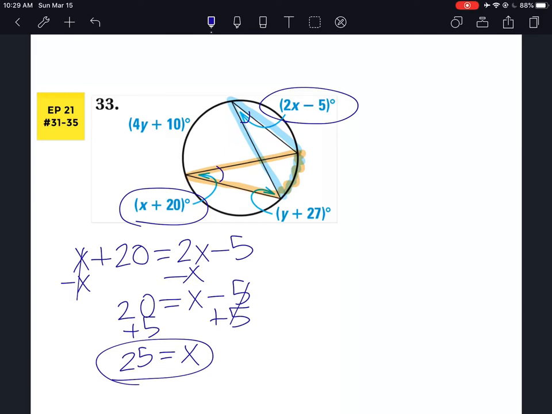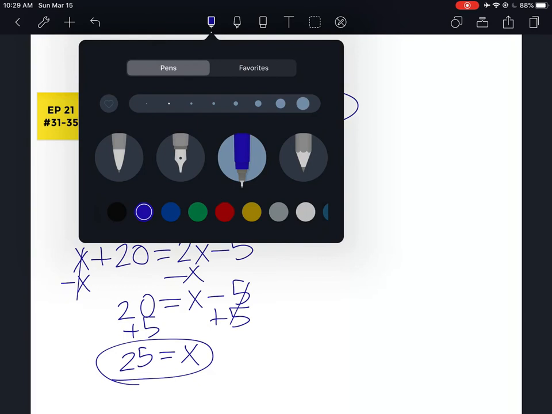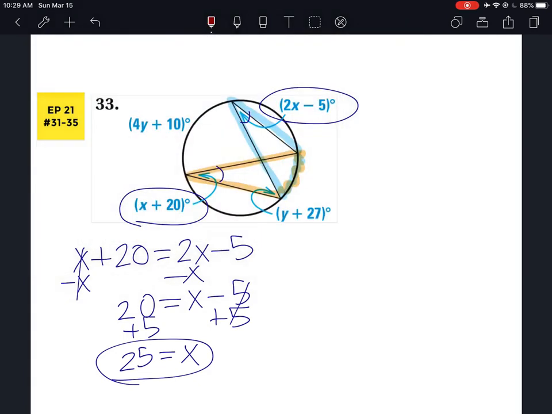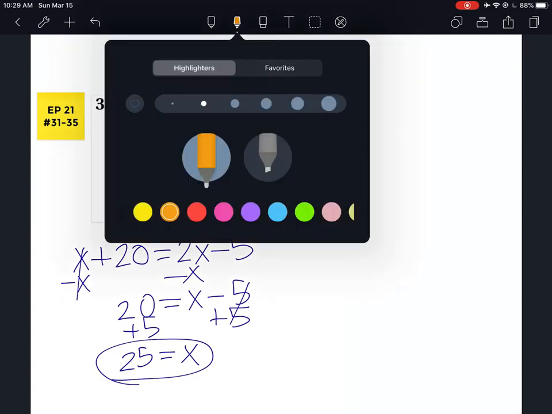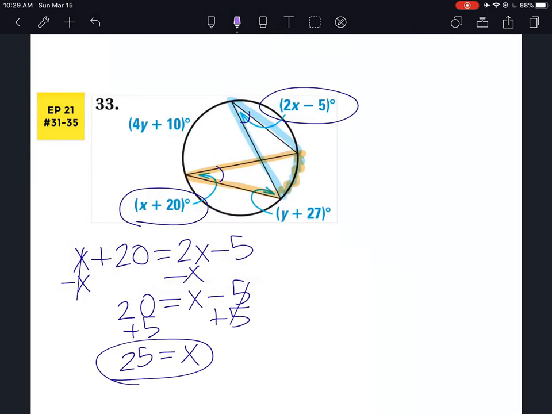To solve for y is a different problem. So to solve for y, we're going to take a different approach, and we're going to see it using inscribed angles. So notice that this is the angle in question, the one that says y plus 27, and it is related to this arc that says 4y plus 10.